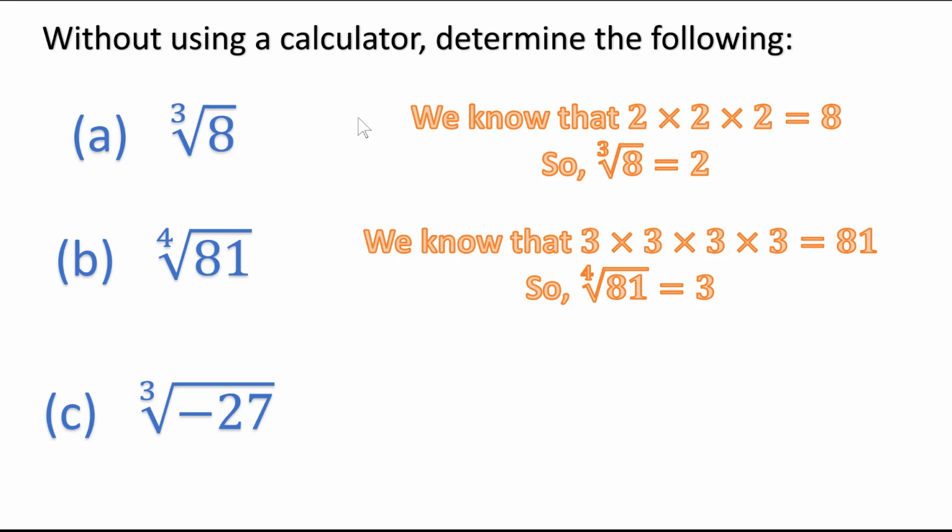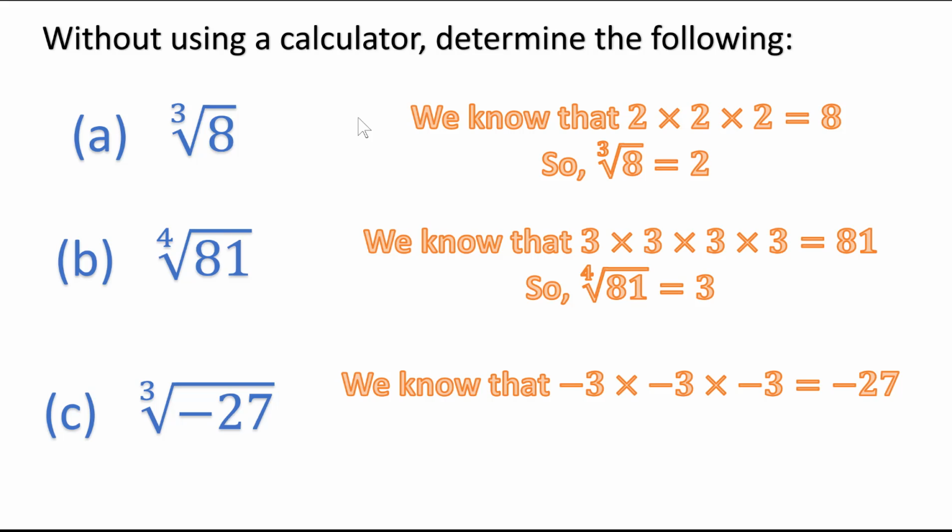If you want to find the cube root of negative 27, the cube root of negative 27 times the cube root of negative 27 times the cube root of negative 27 is negative 27. So that number that you multiply by itself 3 times to get negative 27 has to be negative 3. Negative 3 times negative 3 is 9, times negative 3 is negative 27.